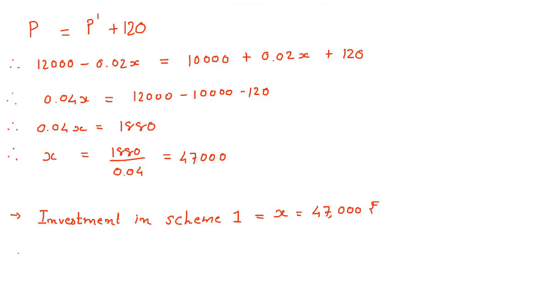Now, similarly, investment in scheme 2 in the first case will be, as we know, 1 lakh minus X, and since X is 47,000, this will be equal to 53,000 rupees.